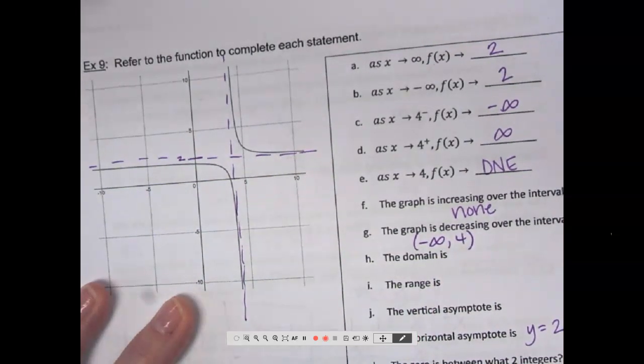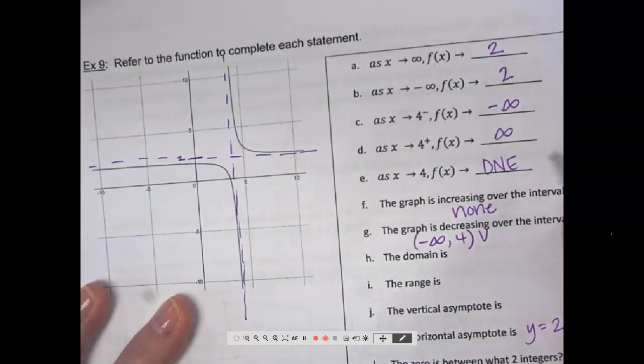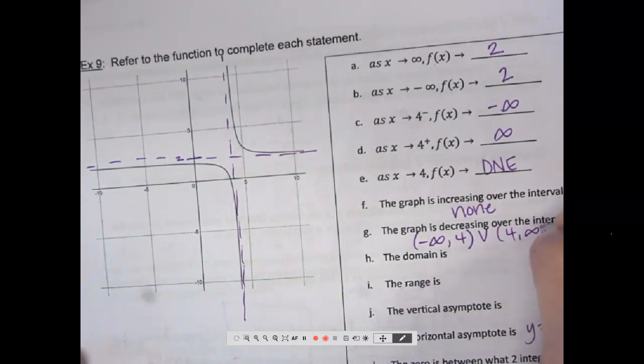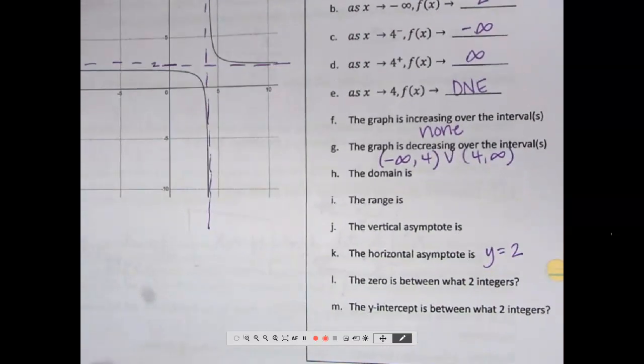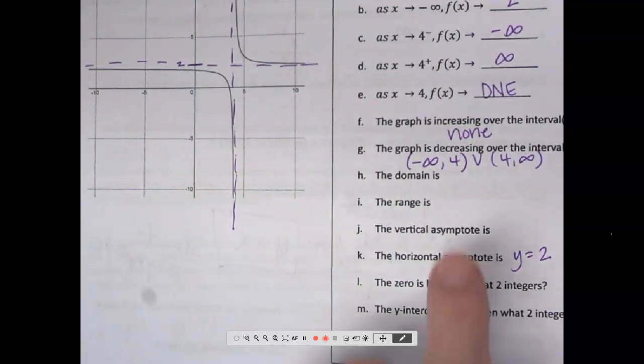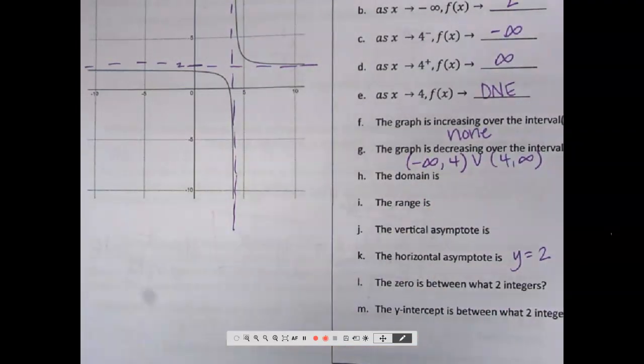I'm going to use parentheses, that means don't include 4. Union, that means or together with 4 to infinity. And that's that interval notation that you used in Algebra 2. So I'm skipping over 4 because the parentheses mean don't include 4. If it included 4, then I would say all real numbers, or negative infinity to positive.